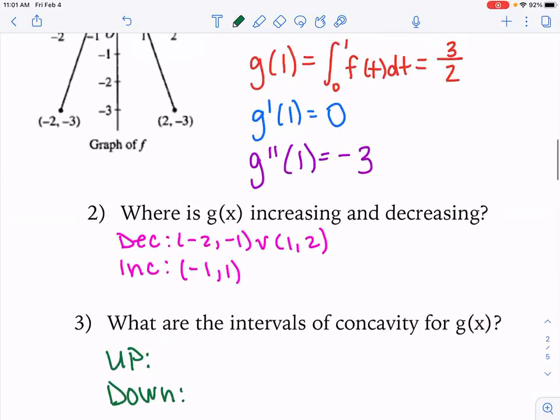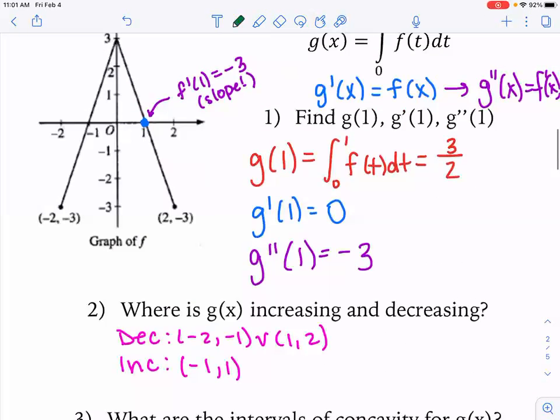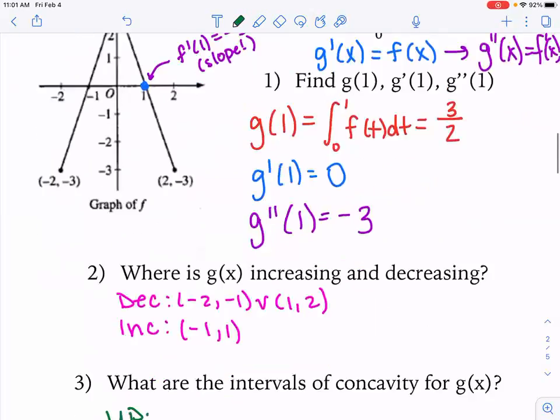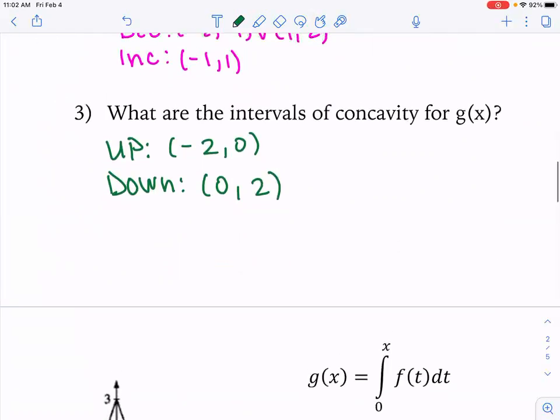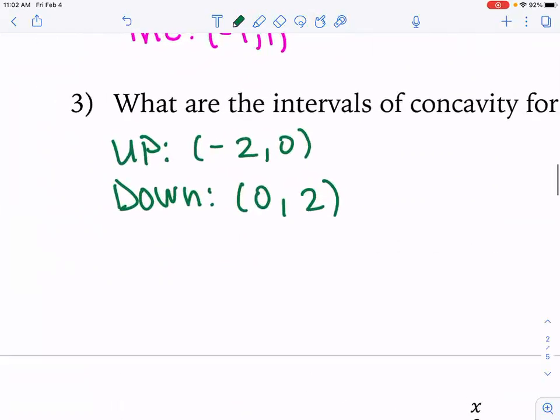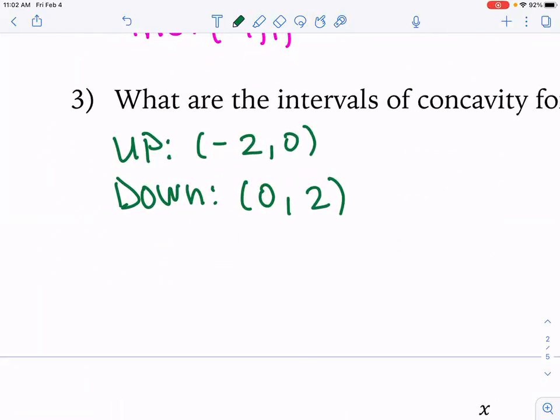Aaron, where does that happen here? -2 to 0. Okay, so we would be concave up from -2 to 0. Okay, from 0 to 2, our derivative is decreasing. Therefore, our function is concave down. When old stuff comes back with the new stuff.